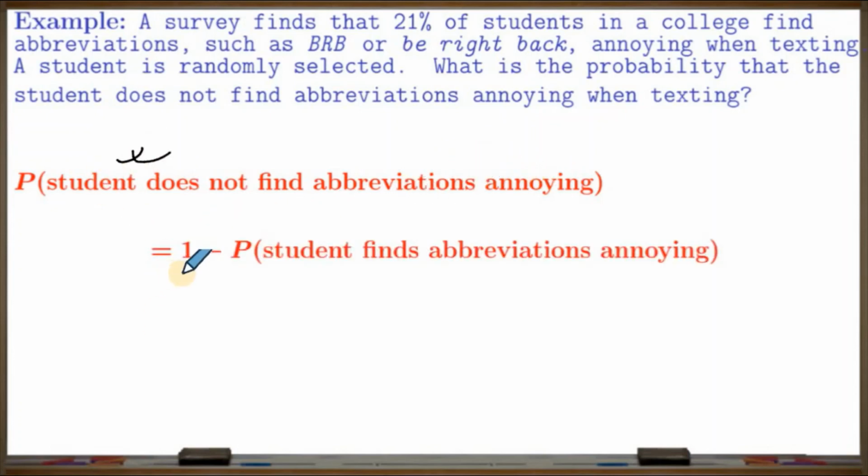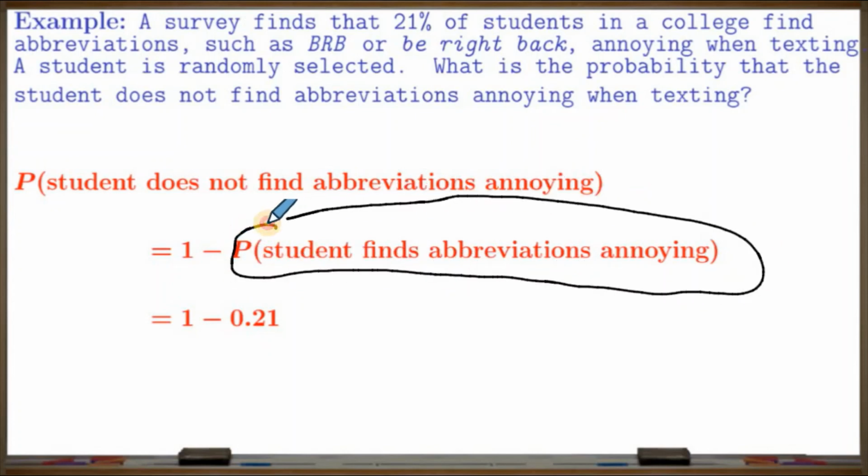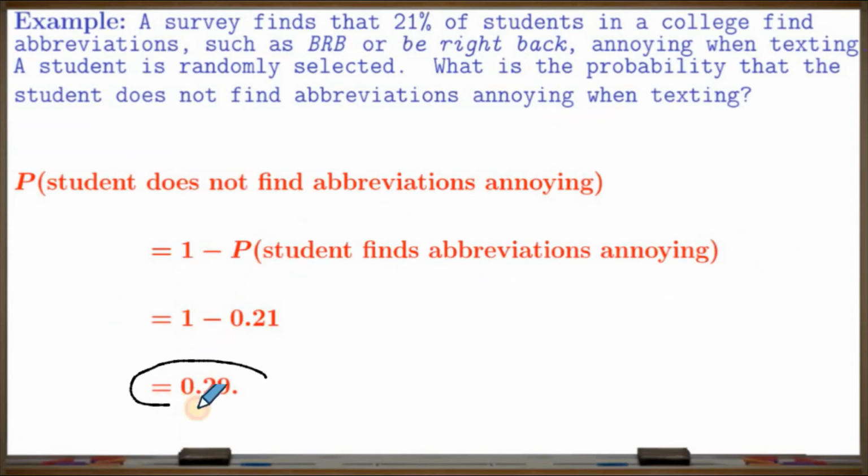Probability of student that does not find abbreviations annoying is equal to 1 minus probability of student that finds abbreviations annoying. From the question, we know probability of students that find abbreviations annoying, which is this. All we did here was plug the number into this formula. So we get this, which is also equal to this.